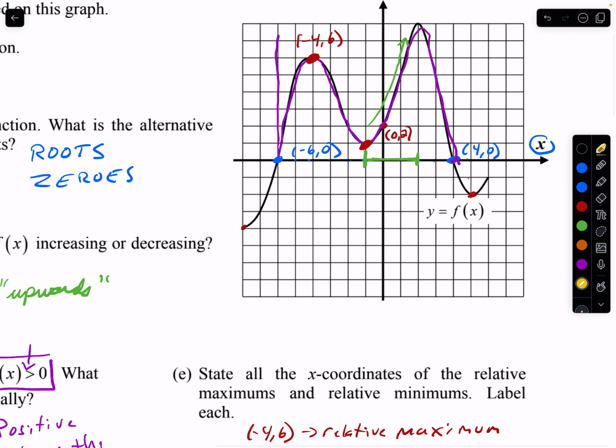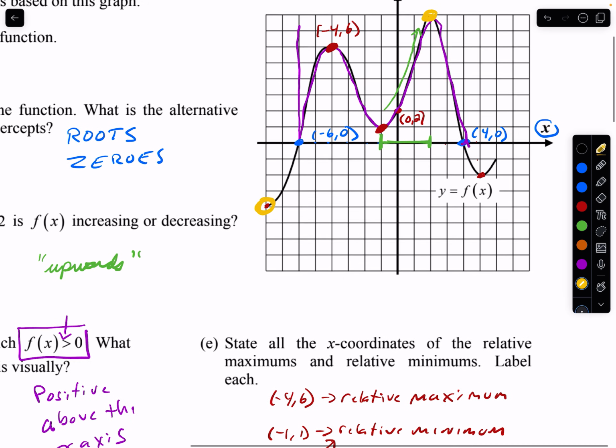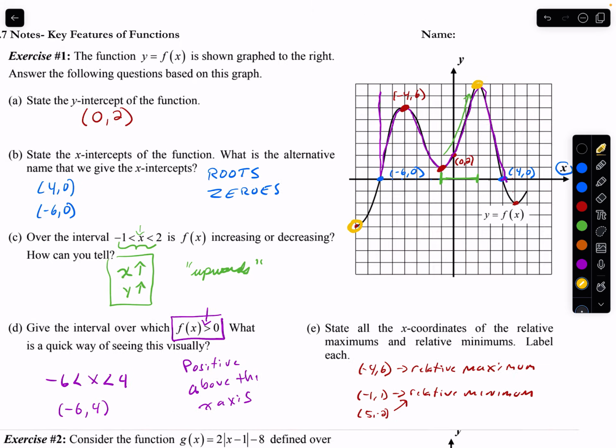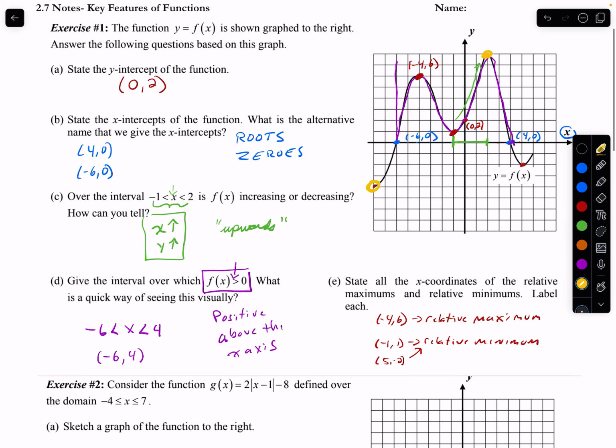These last two points, right here and right here, are absolutes. That's the highest possible value, and this is the lowest possible value too. So the relative minimum and relative maximum are like the bumps that go up and back down. They're relative, not like the absolute ones.